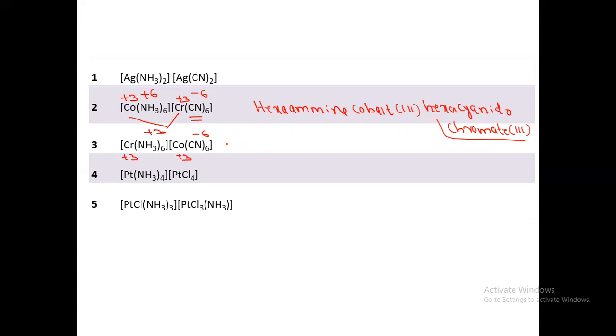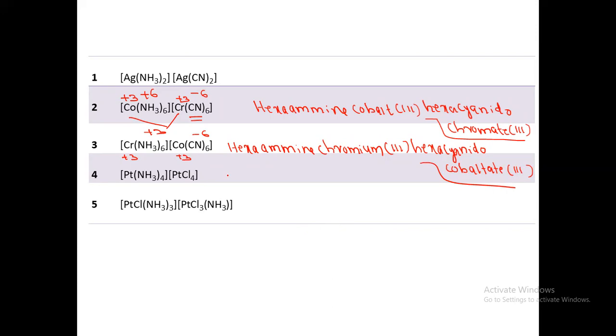So hexaammine chromium(III), hexacyanide, and it's ATE, so cobaltate, cobalt with ATE, cobaltate(III).